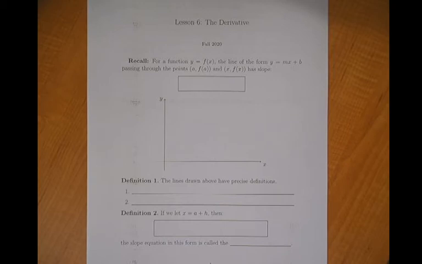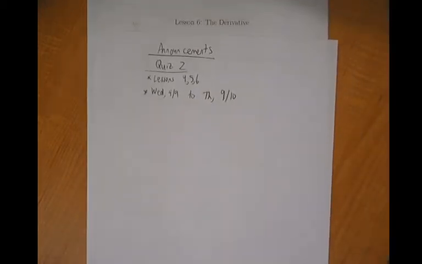All right. So, just a quick announcement. Quiz 2 is going to be on next week, covering lessons 4, 5, and 6. You're still going to have the same 24-hour window, except it's going to be from Wednesday the 9th to Thursday the 10th. So, just so you guys are aware of that.